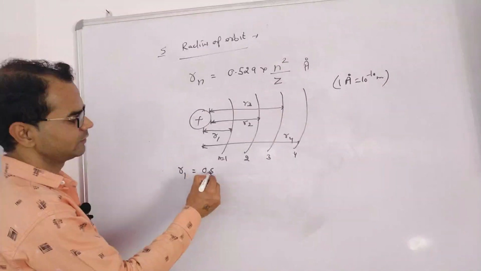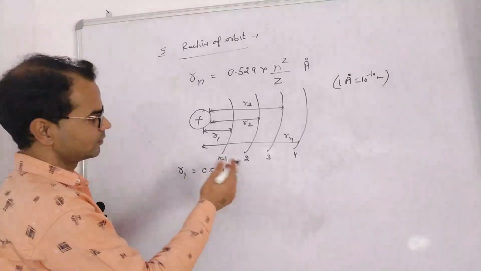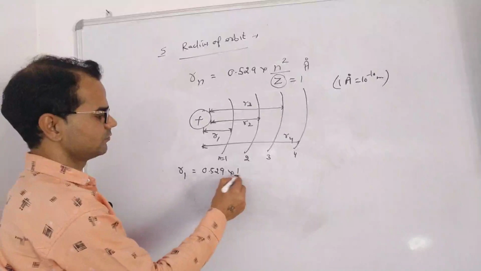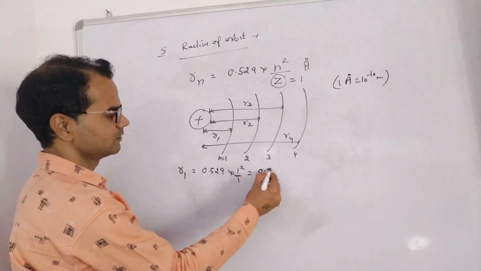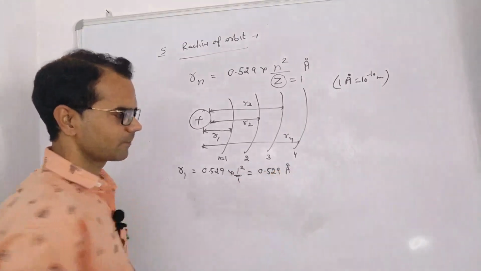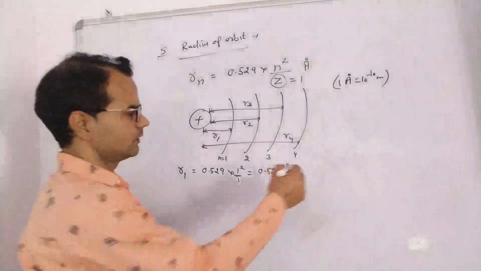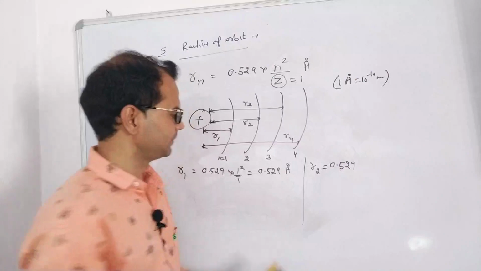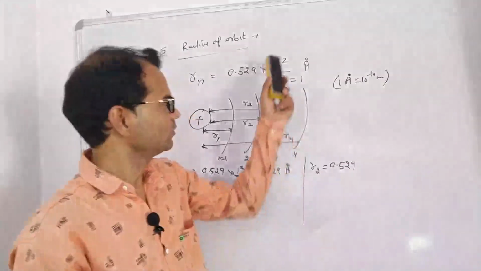R1 equal to 0.529 for hydrogen, Z is 1, so 1 square by 1, 0.529 angstrom. Simple. R2 is 0.529, what we have to do?